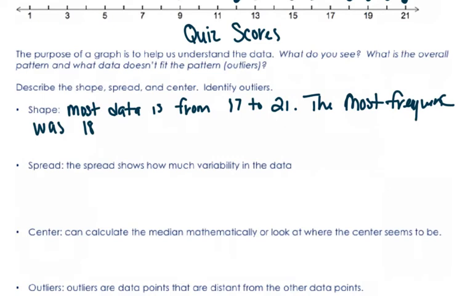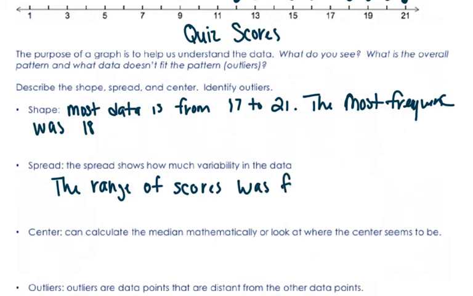So the spread, you just talk about the range of values. So the range of scores was from 9 to 21. So that's what spread means. Sometimes they ask about center.